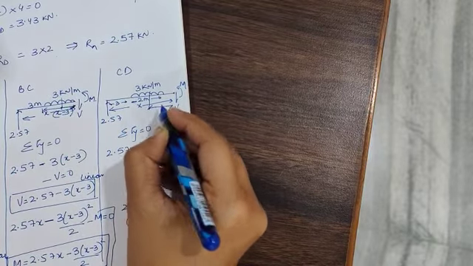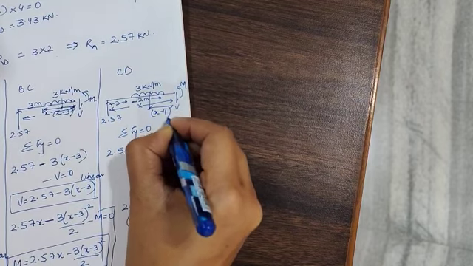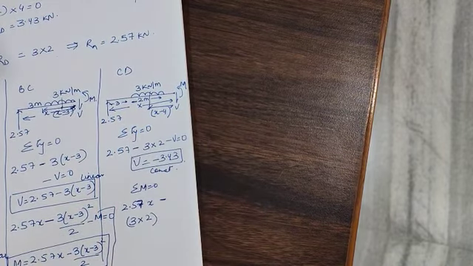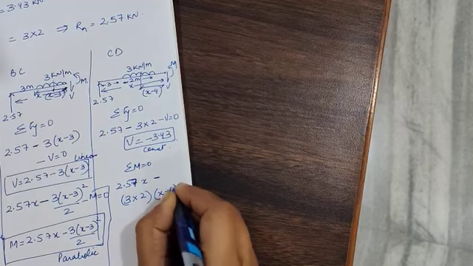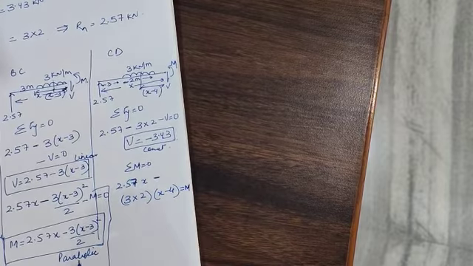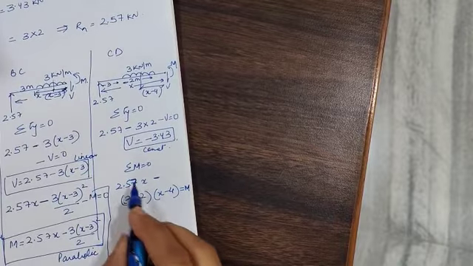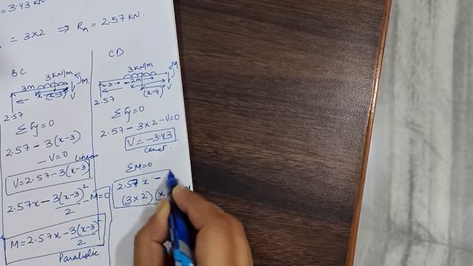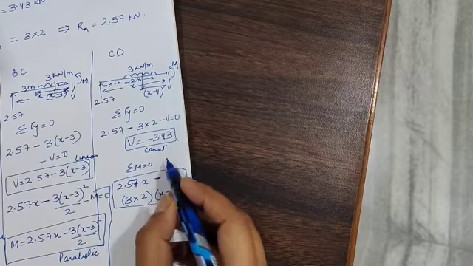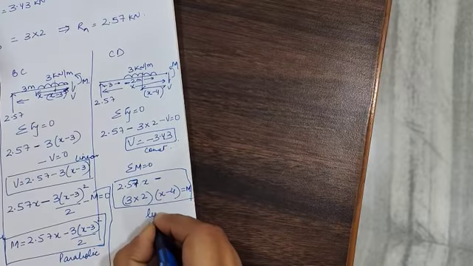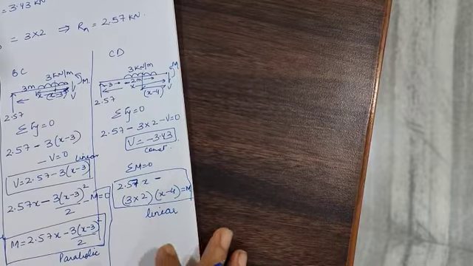What will be the distance from this side? x minus 4. Okay. So 3 into 2 into (x minus 4) minus M is equal to 0. So your moment equation indicates that it is varying with respect to x only. So shear force is constant, bending moment is linear in this section.